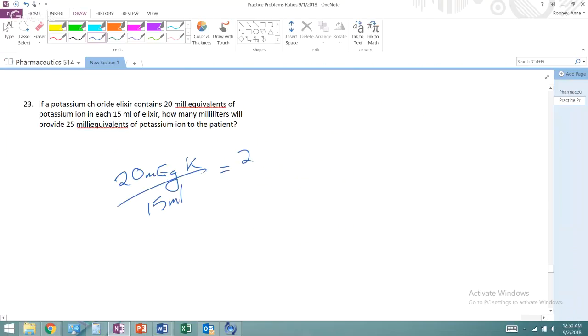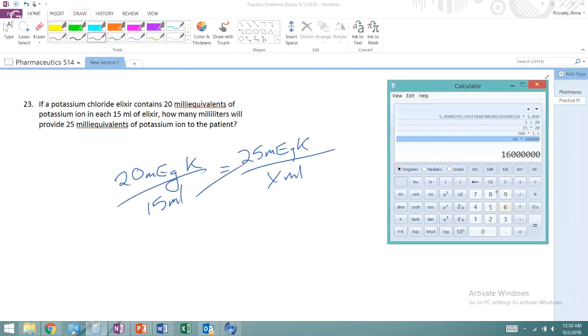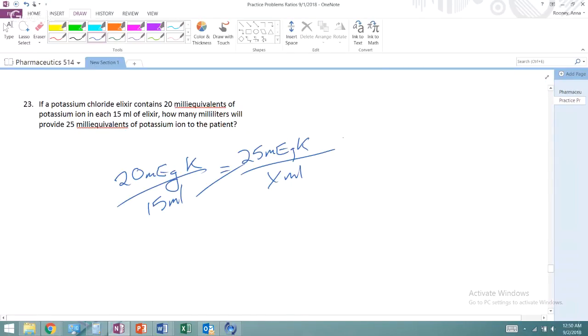So this one's just easy cross multiply. I'm pretty sure that last one is really, really stupid, and I just need to come back to it and look at it, but I am intimidated by milliequivalents. I hate milliequivalents. All right, 18.75 milliliters.